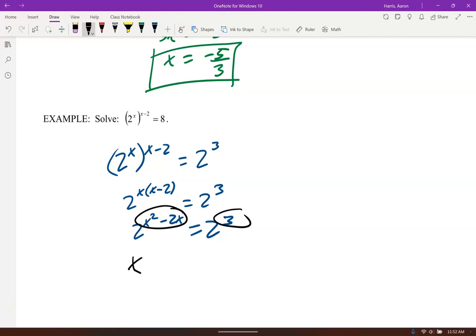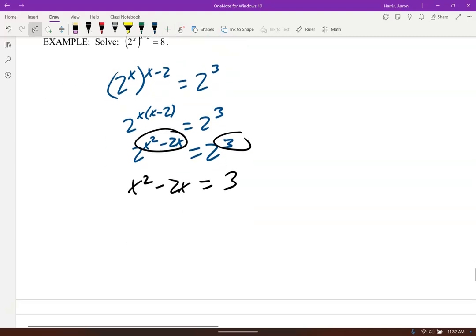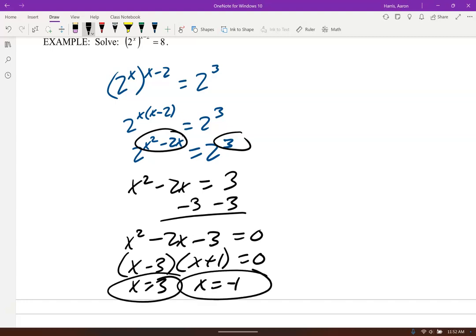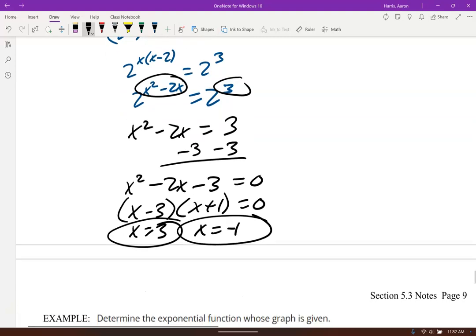So x squared minus 2x has got to equal 3. So we're actually solving a quadratic now. And so I got to get one side equals 0, and I'm going to go ahead and factor that. So x equals 3, x equals -1. Now we go ahead and test both of those and make sure they both work. And they do, right?